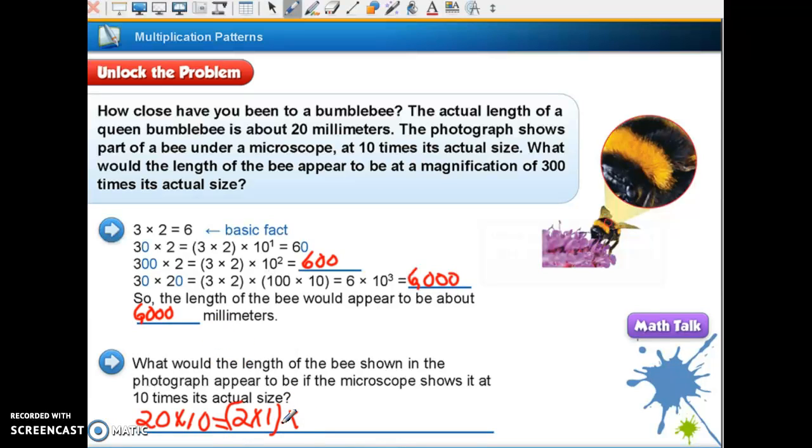Times 10 to the first power here, and the second power here. So we're going to have 10 to the second power. So 2 times 1 is 2 times 10 to the second power. What is 10 to the second power? 10 times 10. So 2 times 100 is 200.